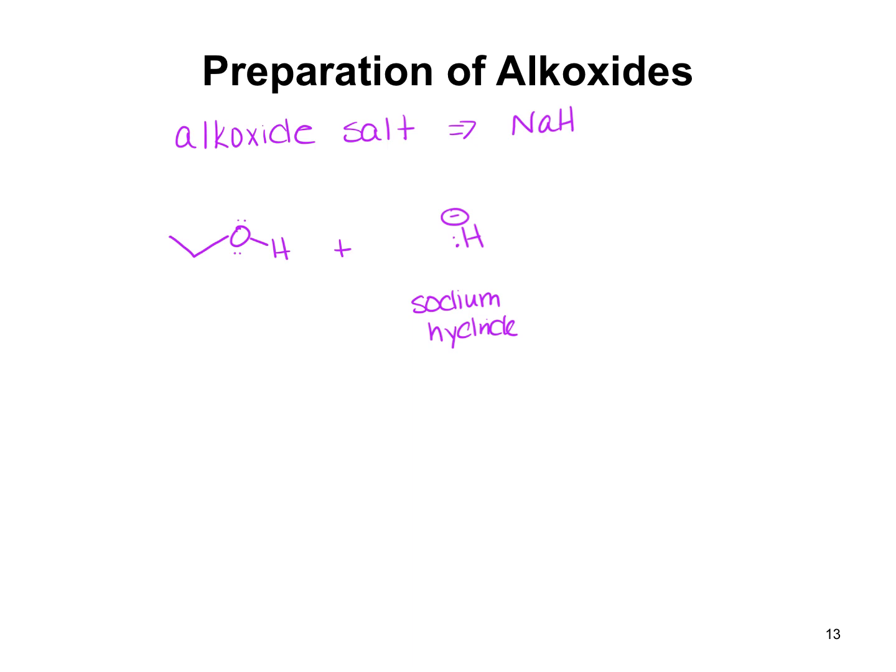This is a proton transfer. So this comes over and grabs that proton. The electrons that make up that bond go onto the oxygen, and now you have an alkoxide, and it's an alkoxide salt because the sodium will act as the counter ion. So, for example, the way you would name this is sodium ethoxide, just your general alkoxide salt.